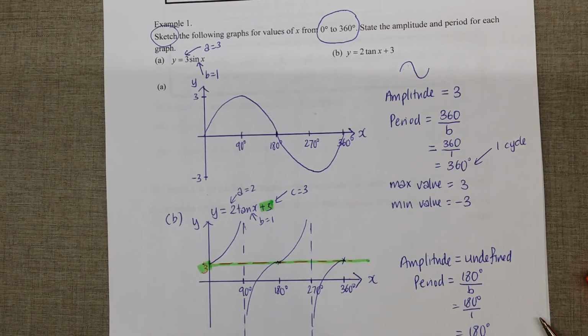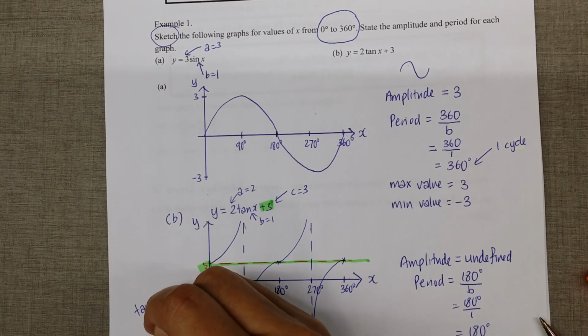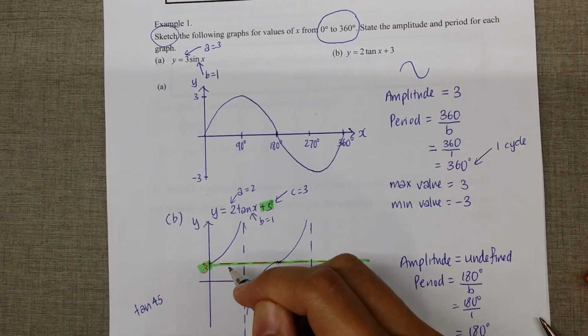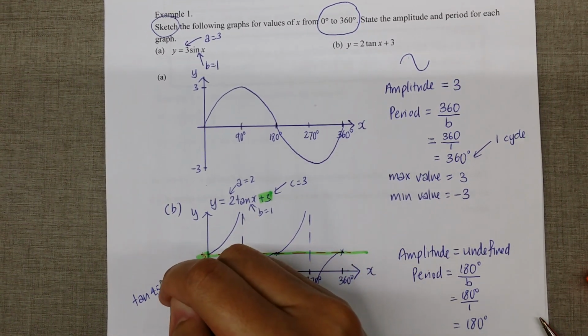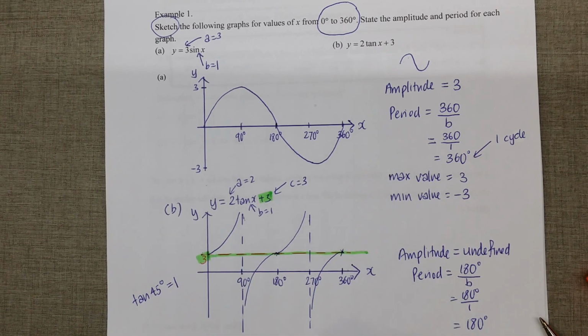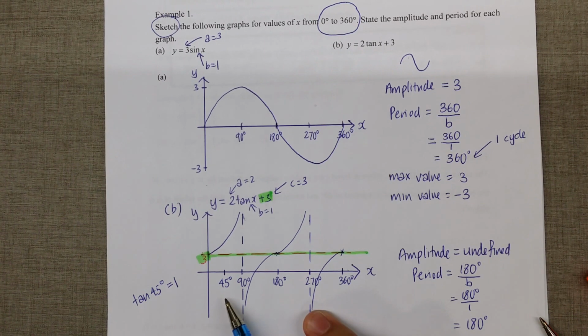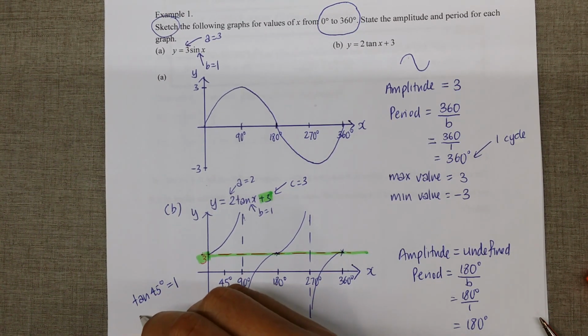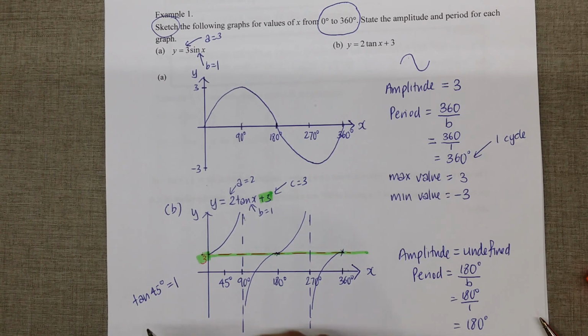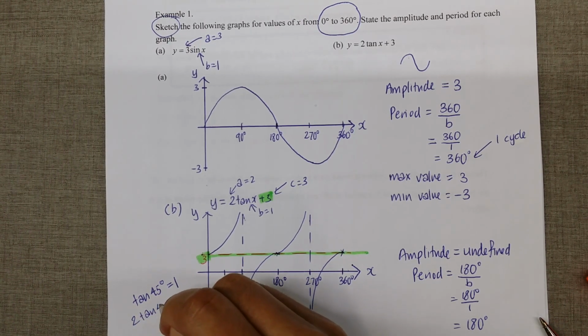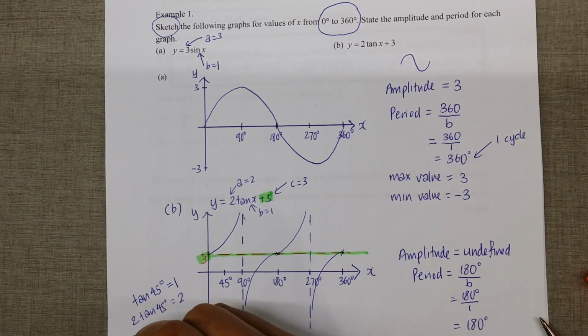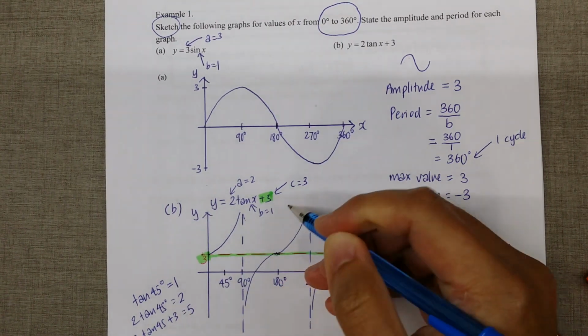Recall that tangent 45 is 1. Remember, we memorize the table, or maybe you can just press your calculator. Tangent 45 is 1, right? So let's mark down 45 degrees. If tangent 45 is 1, then 2 times tangent 45 is 2. 2 times tangent 45 plus 3 will be 5.